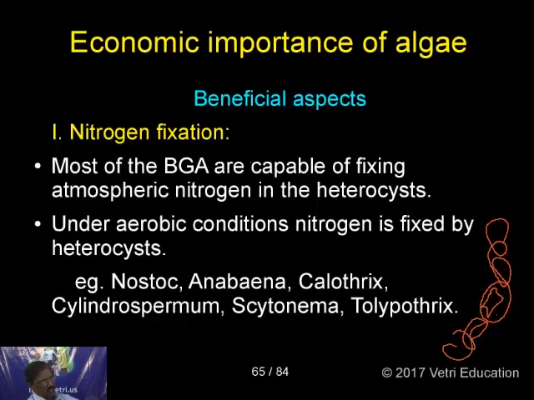Each plant has one or many heterocysts, so they fix atmospheric nitrogen and increase the soil fertility. For example, Nostoc, Anabaena, Calothrix, Cylindrospermum, Scytonema, Tolypothrix, etc. are used in fixing atmospheric nitrogen.